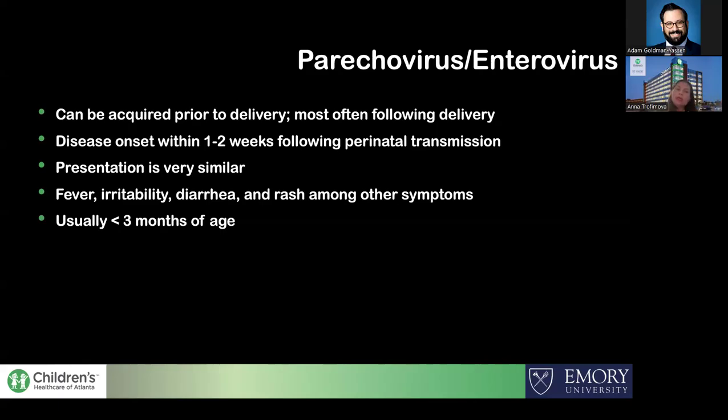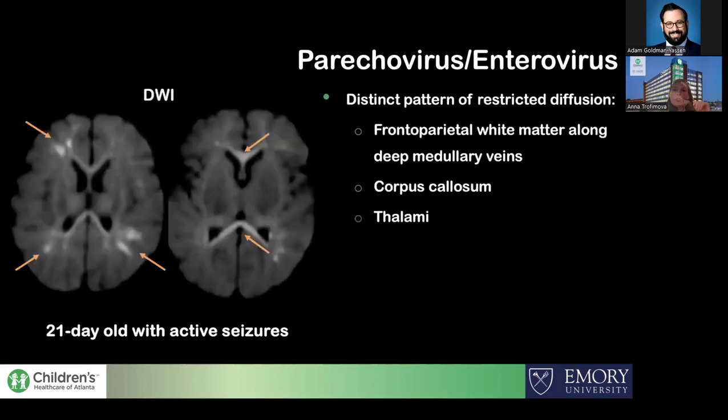The symptoms are again very non-specific, like fever and irritability, though they may have associated diarrhea and rash, which may provide some clinical clues into what the causing agent could be.